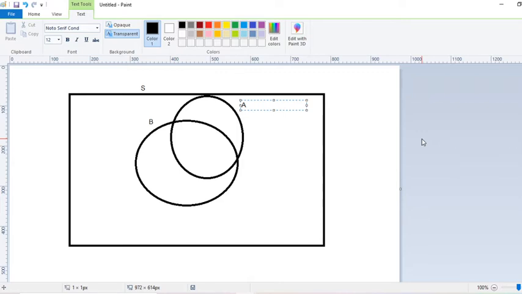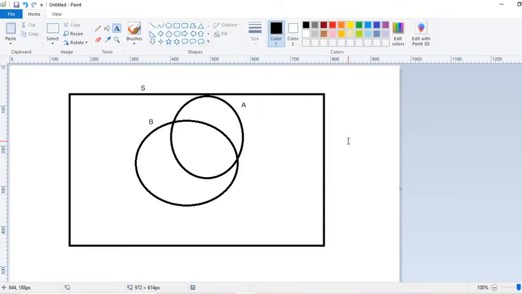So we are trying to find out the probability of A given B. That is, if B has already happened, then what is the probability of A happening?